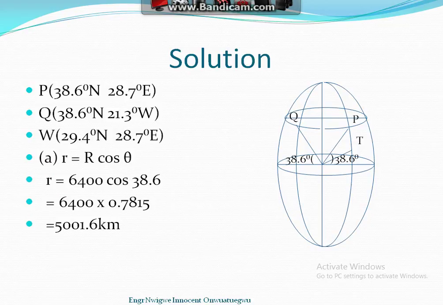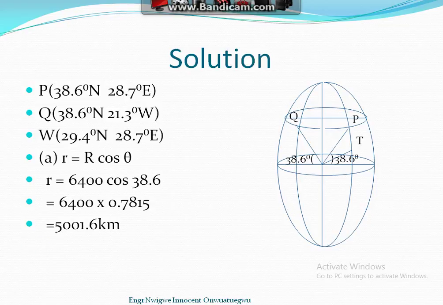Then for T, we measure out 29.4 degrees north and locate it at 28.7 degrees east, since P and T have the same longitude.